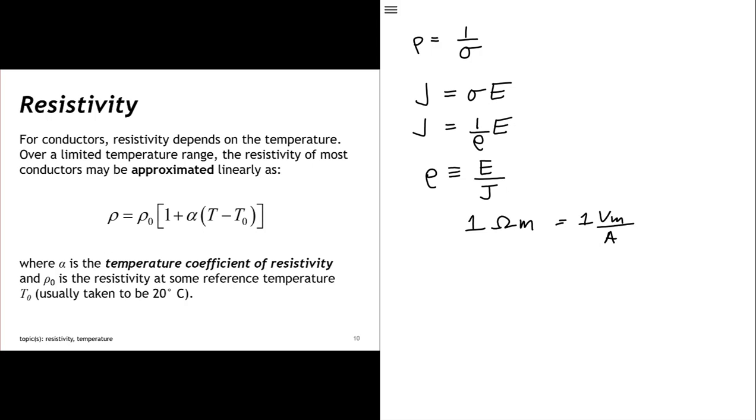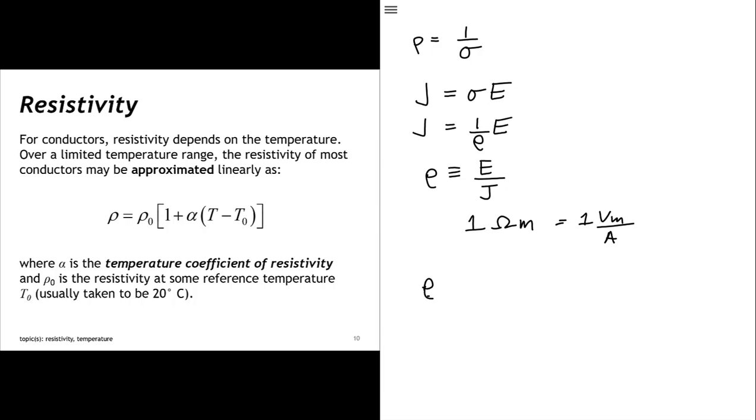So we can say then, for conductors, resistivity depends on the temperature. Over a limited temperature range, the resistivity of most conductors may be approximated linearly.